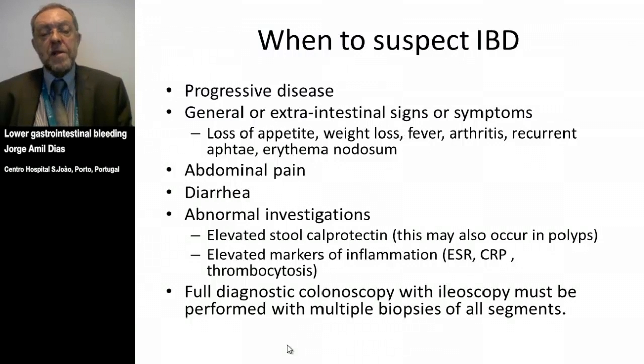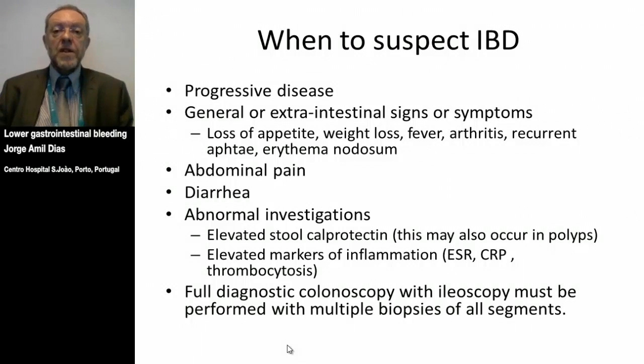And usually this also comes along with some biochemical markers like the stool calprotectin that I mentioned before. Again, I remind you that polyps may also give false positive values of calprotectin, and the markers of inflammation that we can see from the complete blood count like the ESR, CRP, or thrombocytosis.